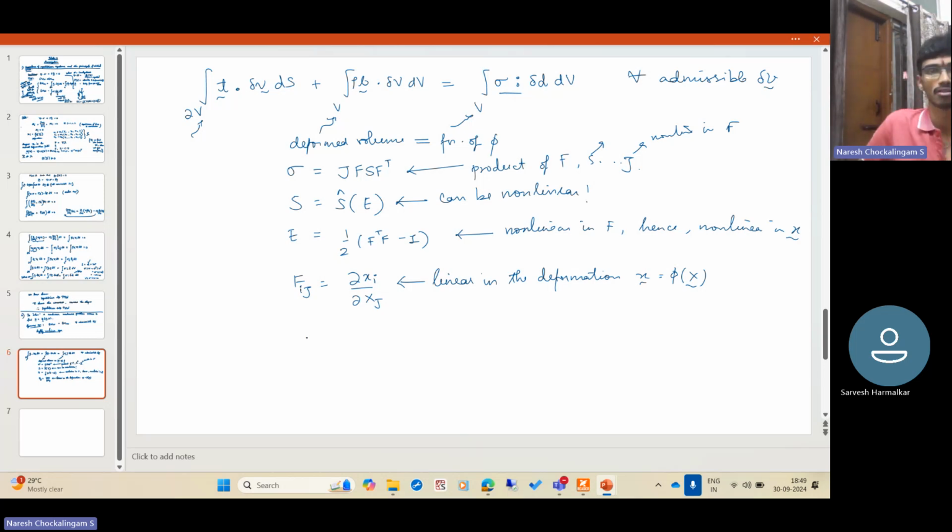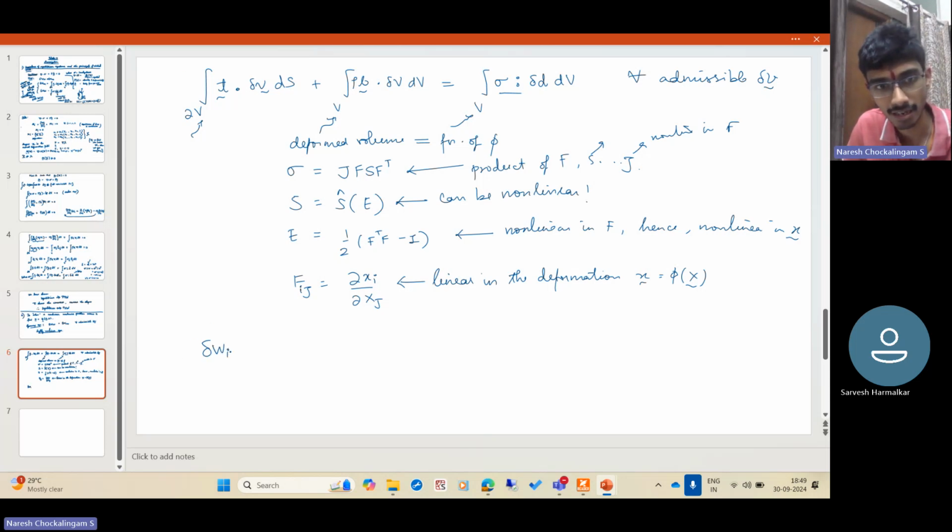But how do we solve for this then? We have to ensure that this is satisfied. Let us call the difference between the left hand side and right hand side as something.